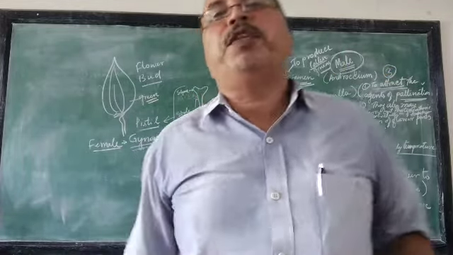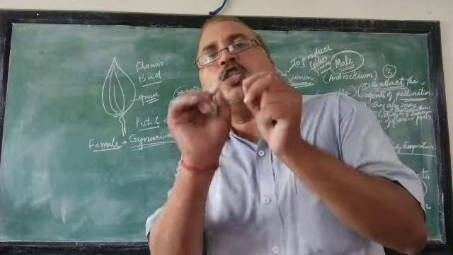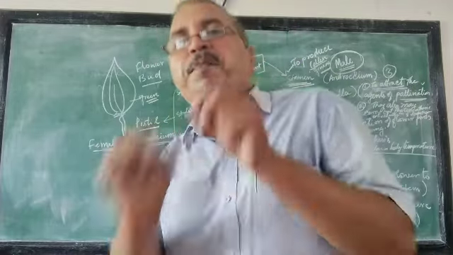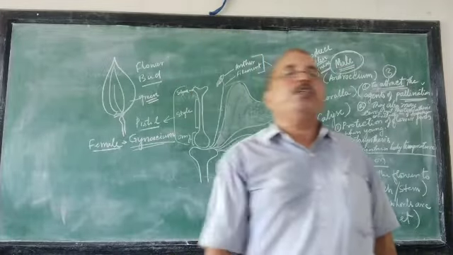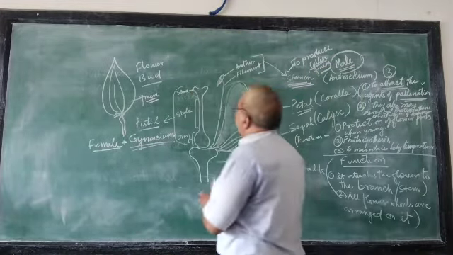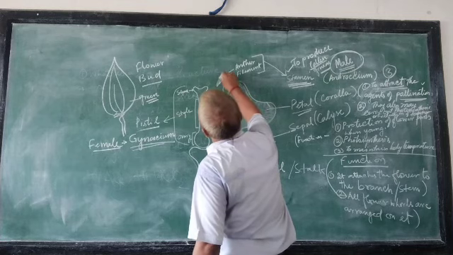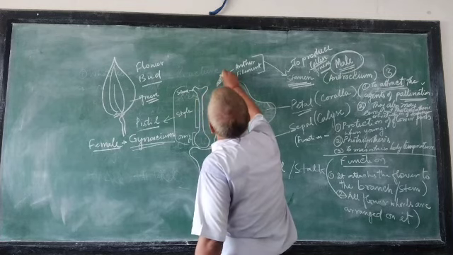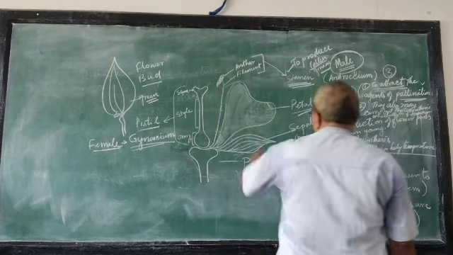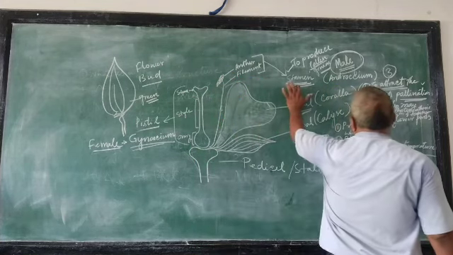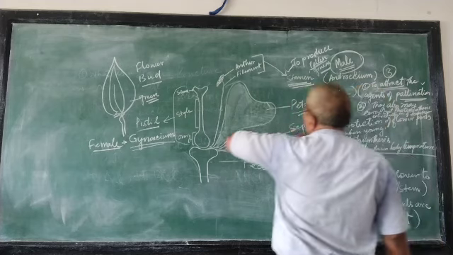And you have to remove them. Clear? These powdery substances appear to be very small powder-like bits. These powdery substances come on these anthers, right? And their production is the main function of this stamen or male part.